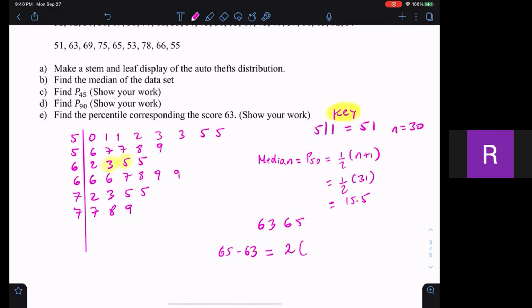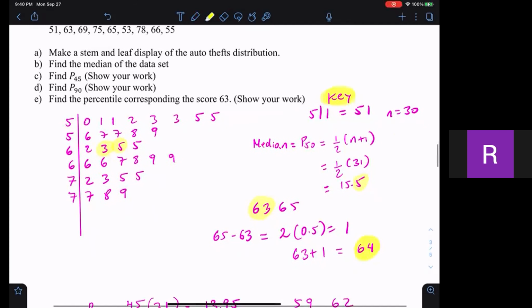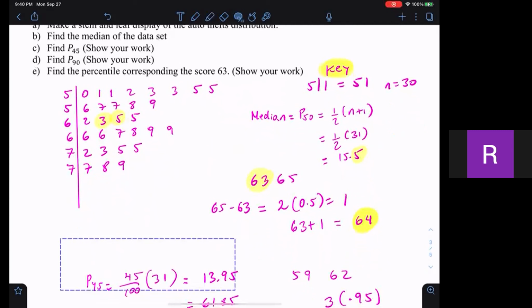If you multiply that 2 by this decimal right here, which is 0.5, you get 1. So you add it to your lowest number: 63 plus 1 equals 64. So this is your median, or your 50th percentile. Sorry about that, I have this all over the place.